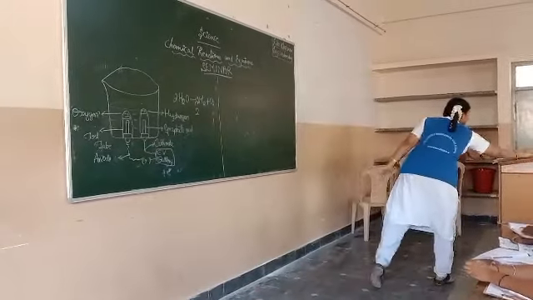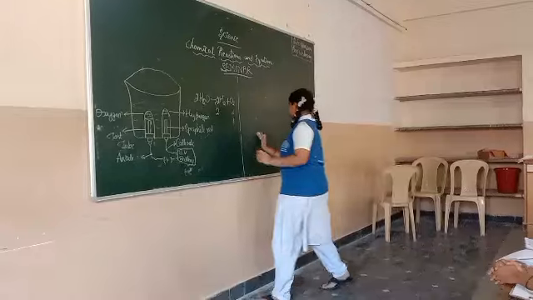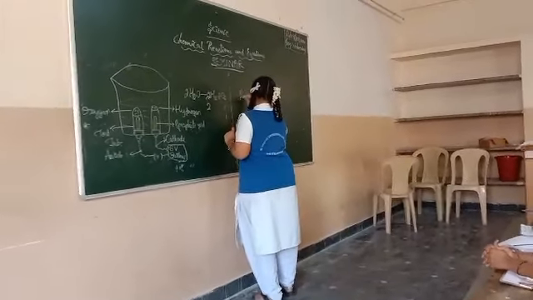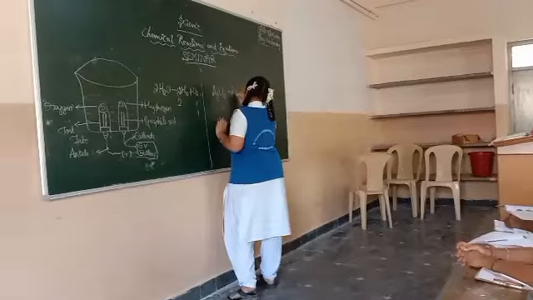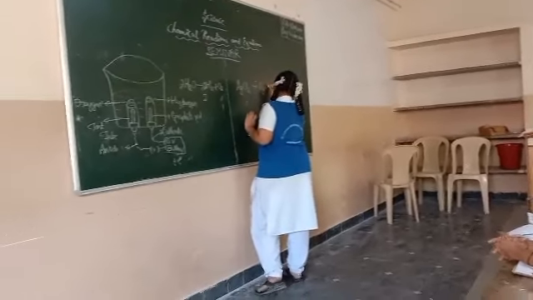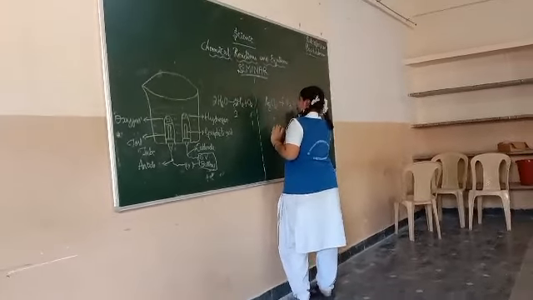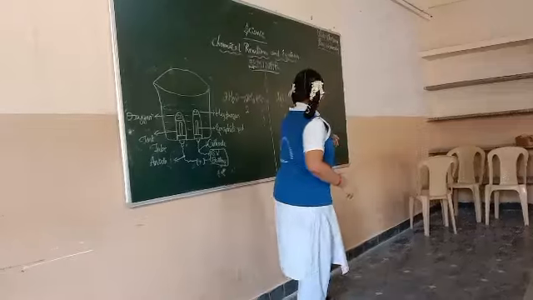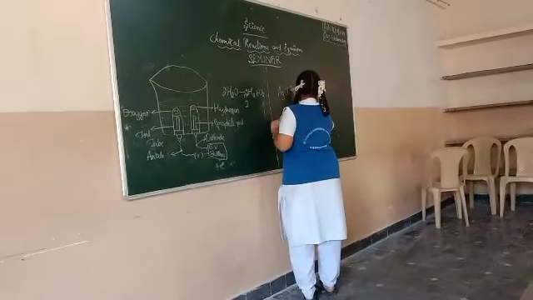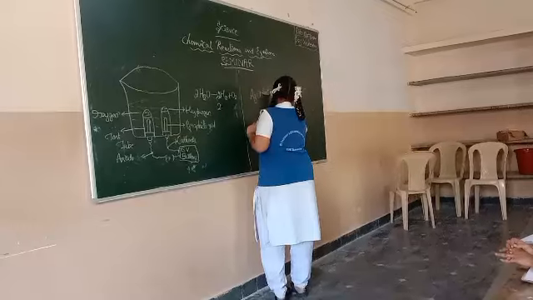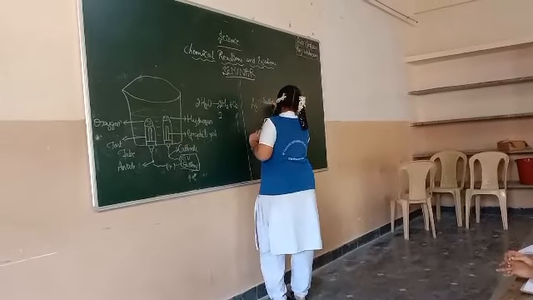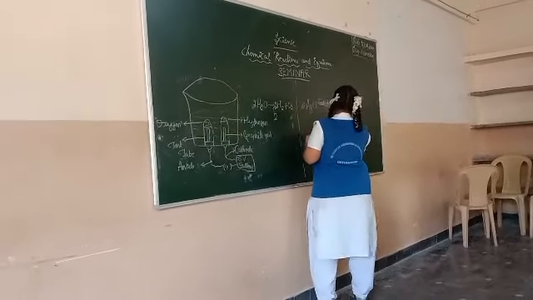Let me write the equation: AgCl gives rise to Ag plus Cl2, balanced as 2AgCl gives 2Ag plus Cl2.